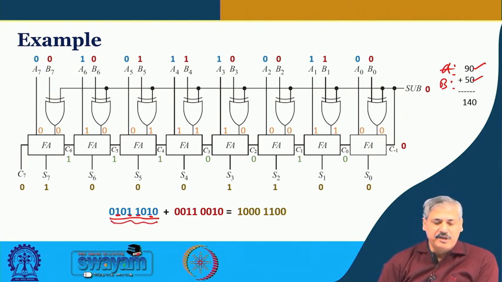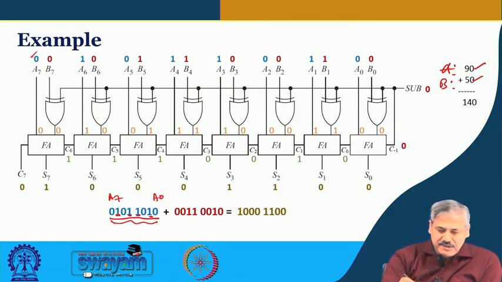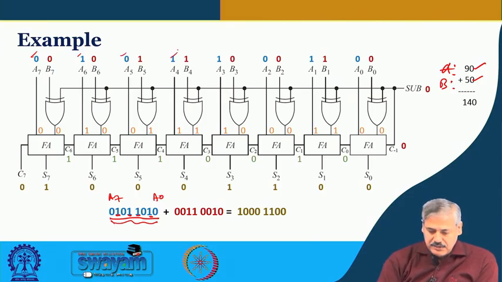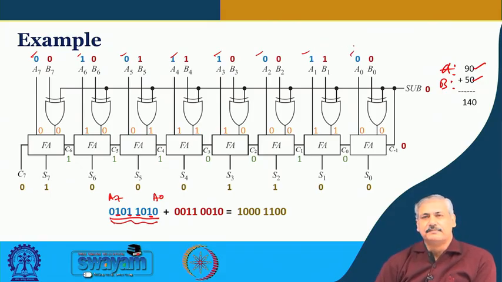So this you will put as A7 to A0, which is 0 1 0 1 1 0 1 0, that is how it is placed. Is it okay? And then 50.